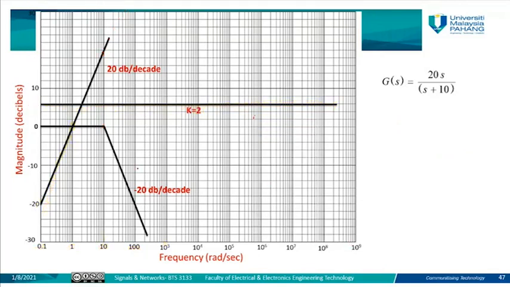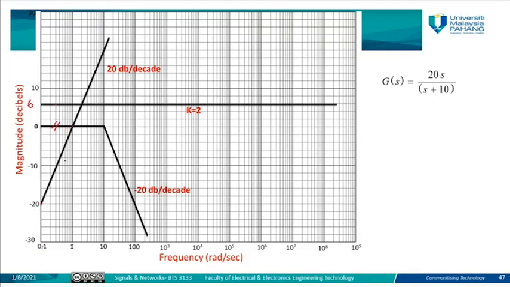As you can see here, from 0.1 until 1, what is the value of the magnitude? We have a negative 20 dB slope until 0 here, and the value here is equal to 0. For this one, it is ignored because it is equal to 0. For this one, it is a constant magnitude, so it is 6 here.